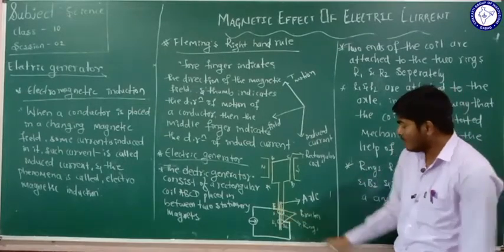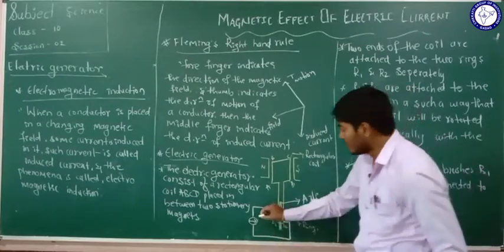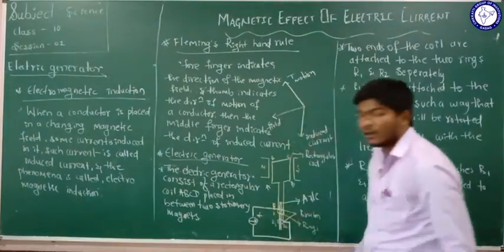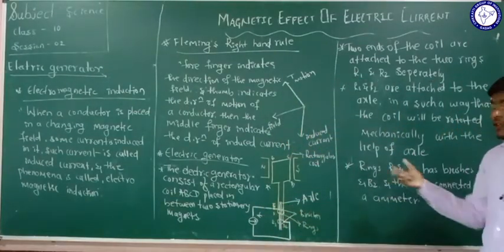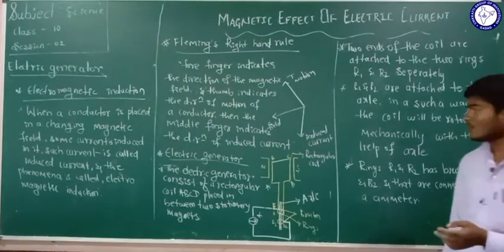These B1 and B2 are connected to an ammeter to check the induced current here. So how does it work?